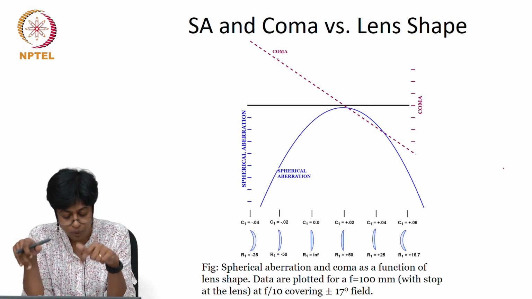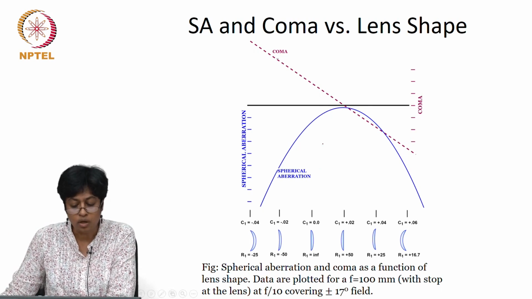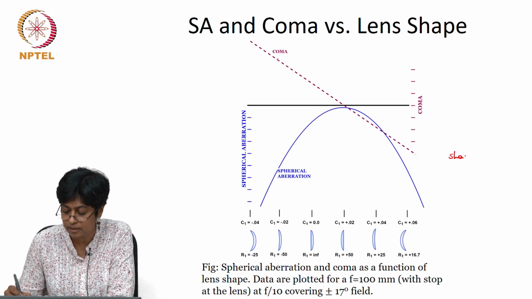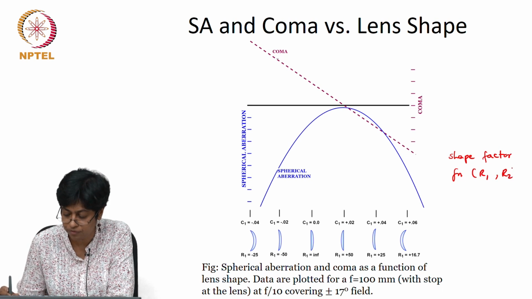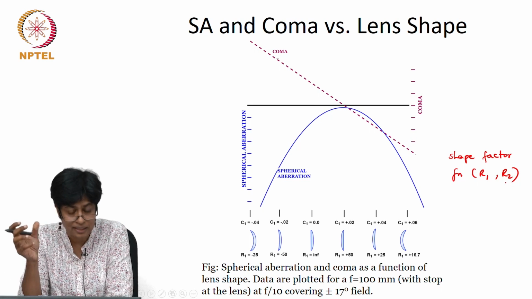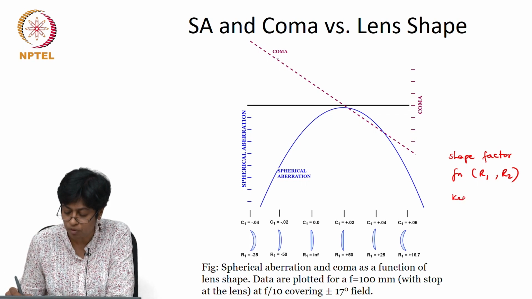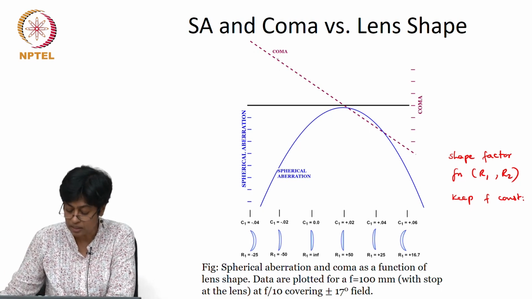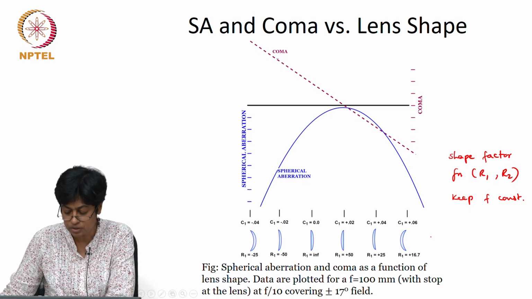And what has been plotted here along the x-axis is something called shape factor, which is a function of R1 and R2 of a lens. So you're taking a single lens, you're going to keep the focal length constant, keep f constant, but change R1 and R2. And you see that as you do that, these are the figures you see over here.